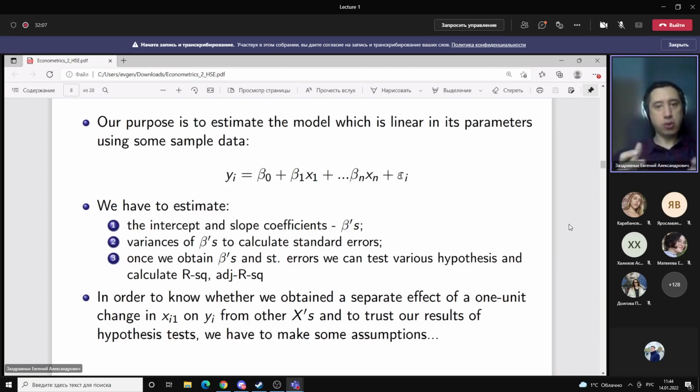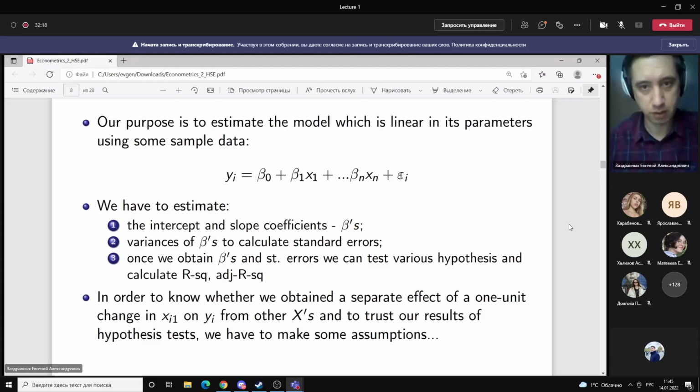What is the problem with the error term? Why is this term probably the most important part of our regression? Because this term is unobserved. We cannot observe the error term anyway.